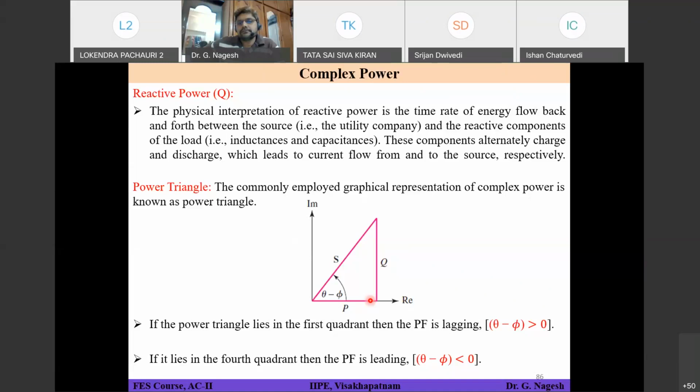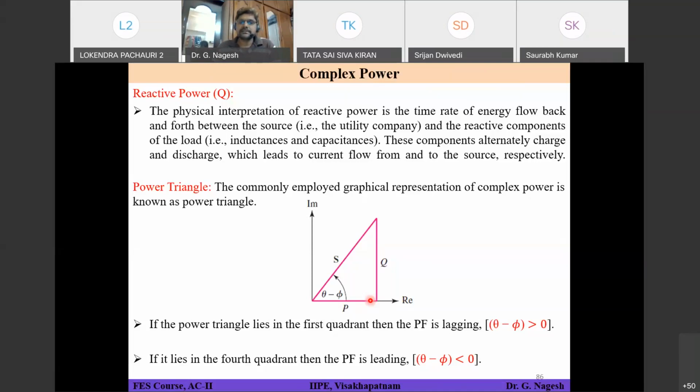You can add an inductor or a capacitor, and the answer is a capacitor. If I add a capacitor, it will also give some Q value, because a capacitor is also a reactive element. Where will that Q fall, first quadrant or fourth quadrant?